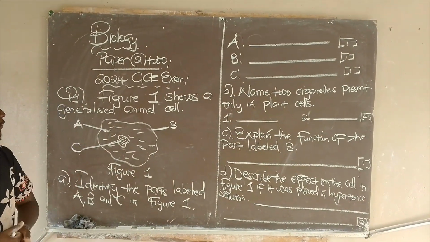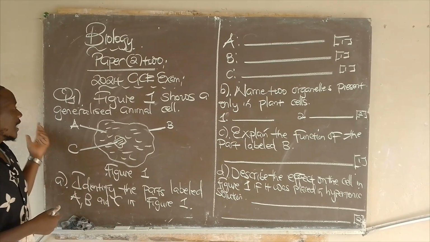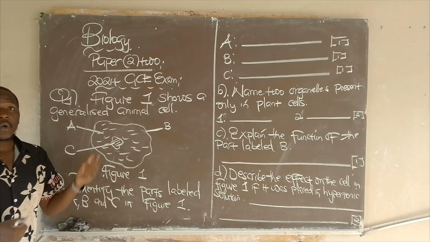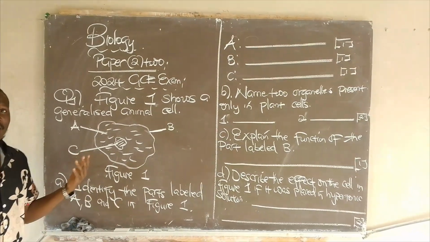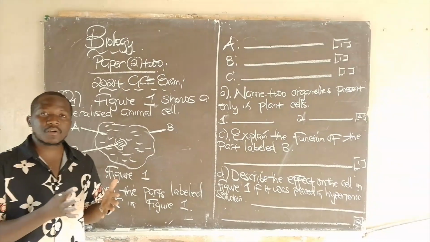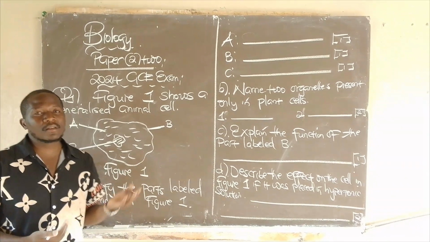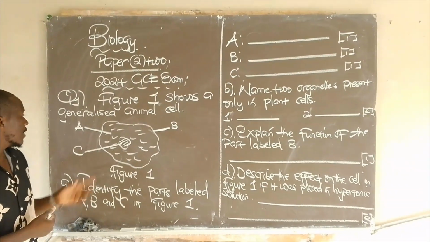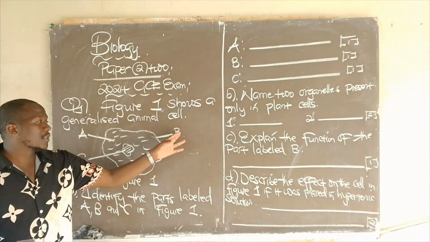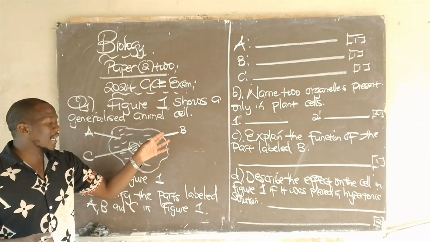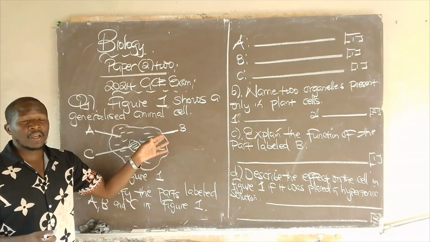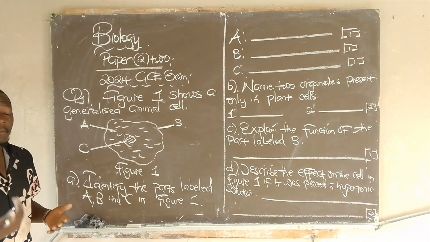So question 1 says, figure 1 shows a generalized animal cell. When you are talking about a generalized animal cell, we're talking about a structure of an animal cell that is going to comprise of only 3 parts. We have the part labeled B, which is the outer structure of an animal cell, called the cell membrane.